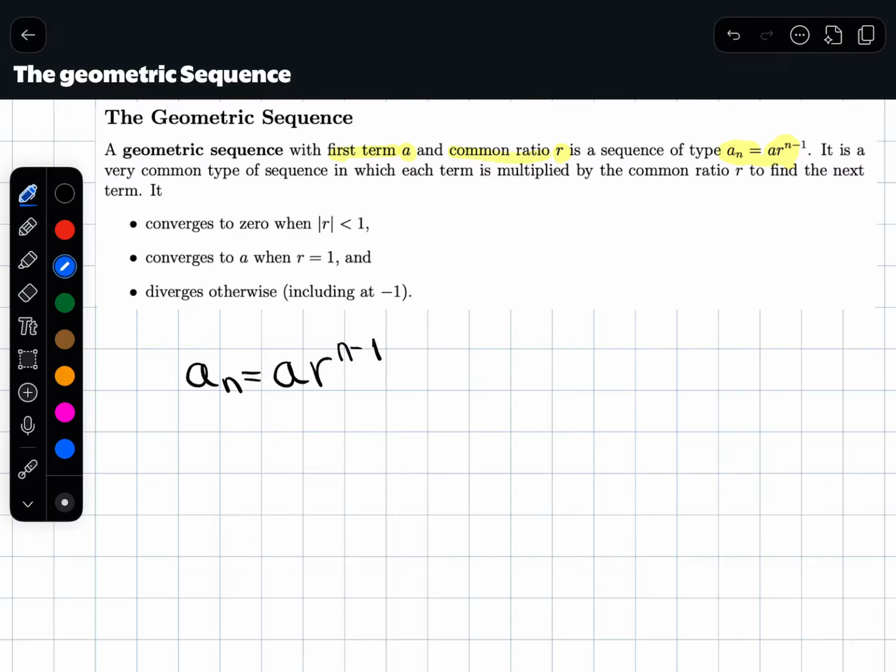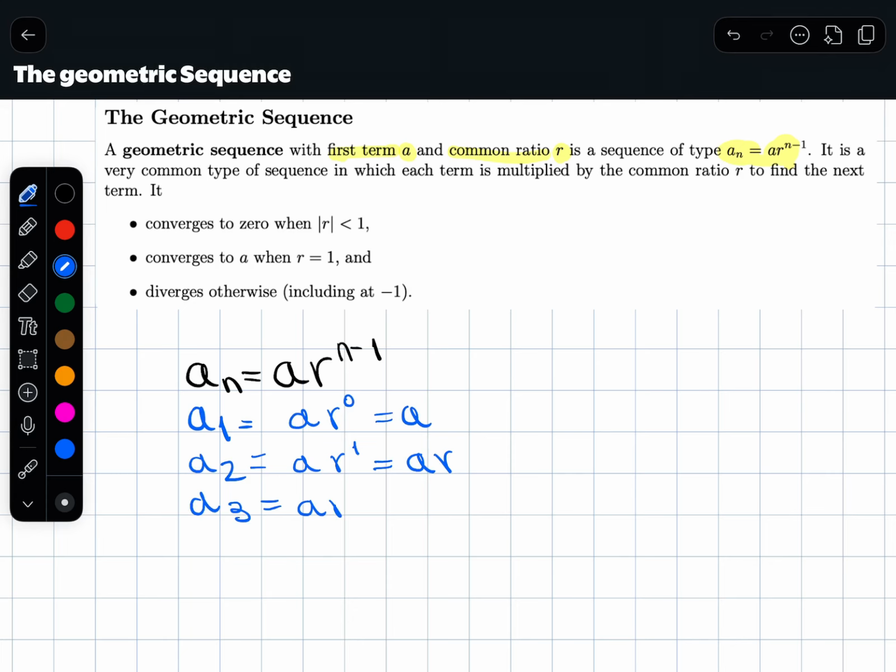We're going to say that a is the first term and that the common ratio is r. Basically, if you plug in the numbers, n equals 1 gives you a times r to the power 0, which is just a. If n equals 2, then that's a times r to the power 1, because we're doing n minus 1, right? So this is ar.